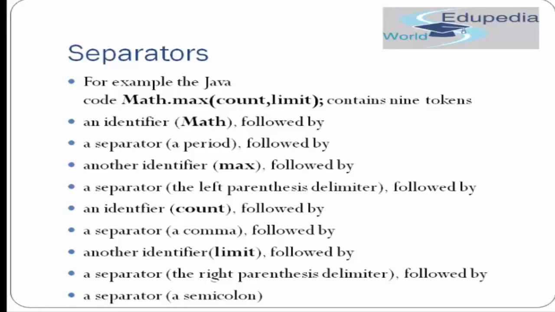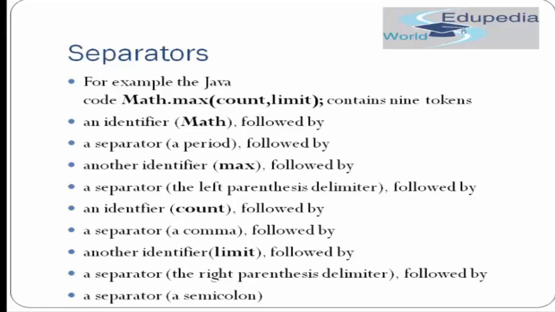After the separator, we have another identifier, which is limit. So limit is a variable. All variables are identifiers. So again an identifier, and limit is followed by a right parenthesis delimiter, which is a separator.